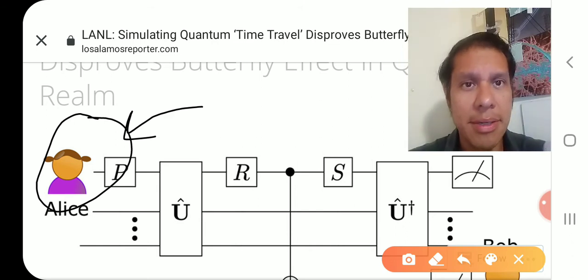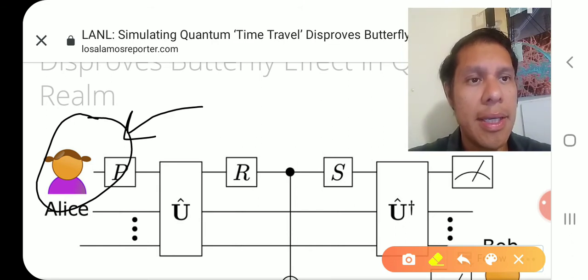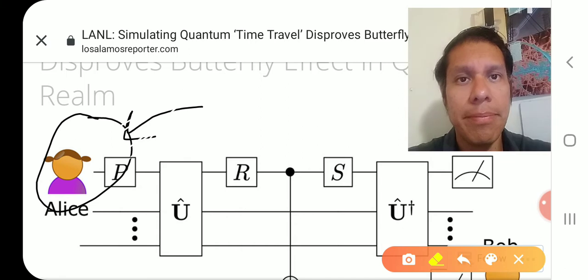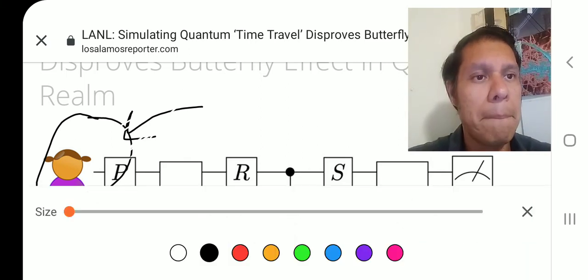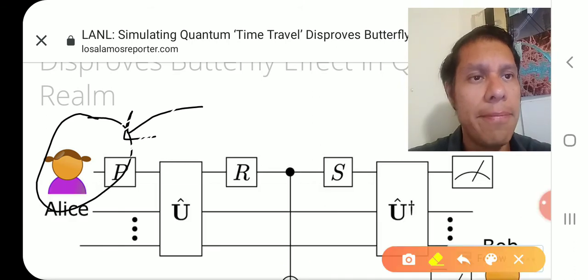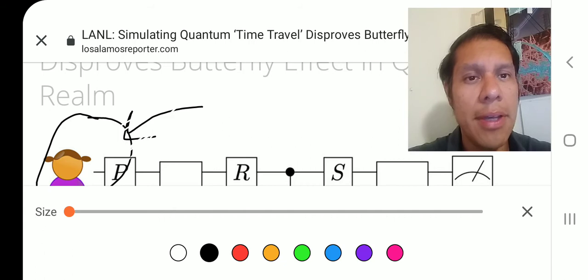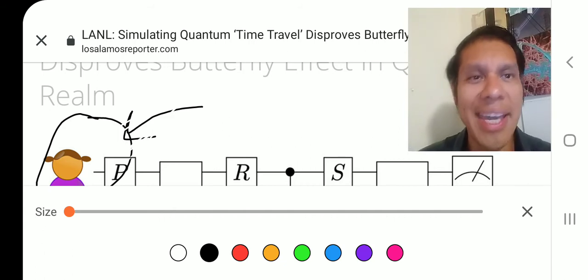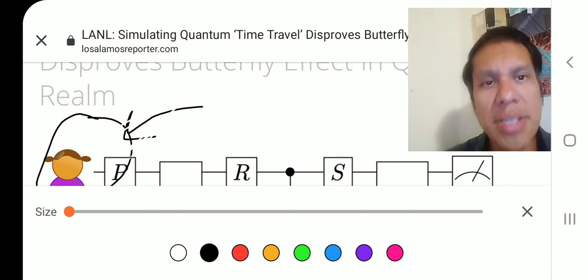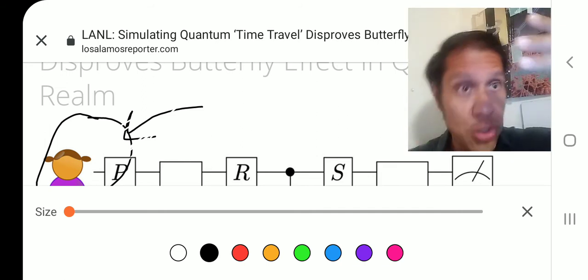Now notice right here that you also have a U gate, and notice that there are 3 channels connected to that one.